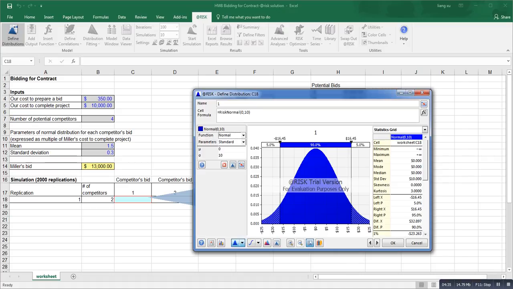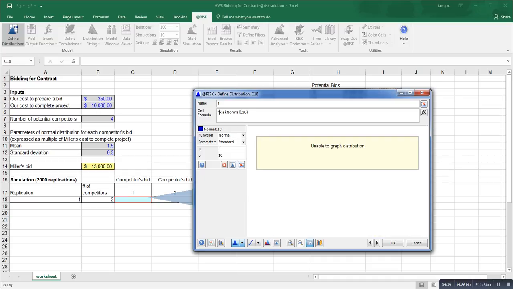So the normal distribution has mean 1.5, which is E11, and standard deviation B12. This is the multiplier, and we multiply by the cost, which is 5. So this is the amount they would place.